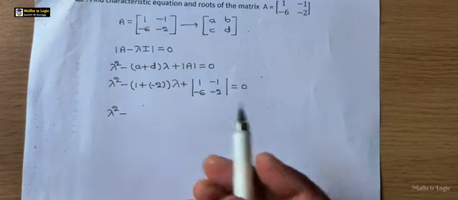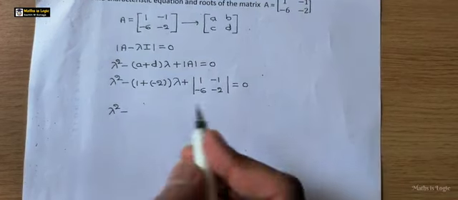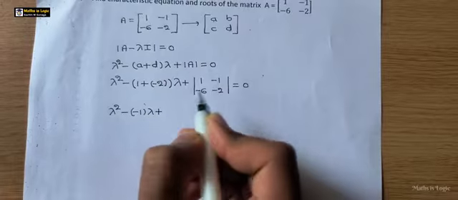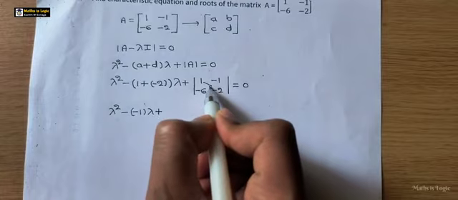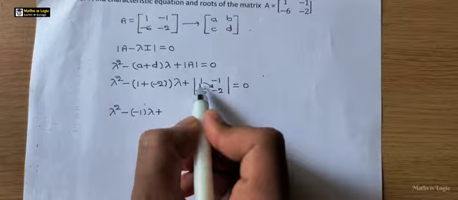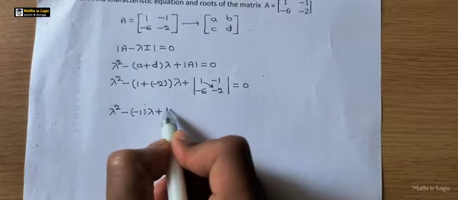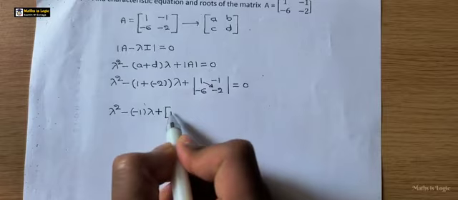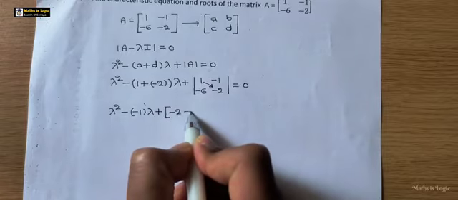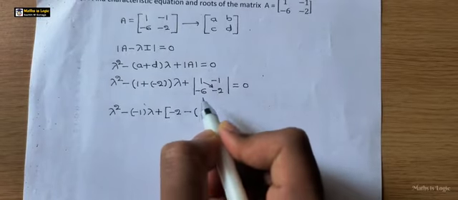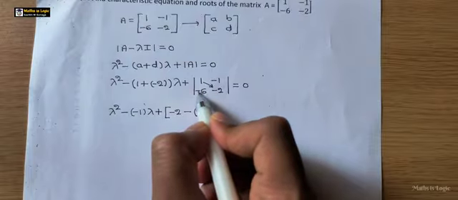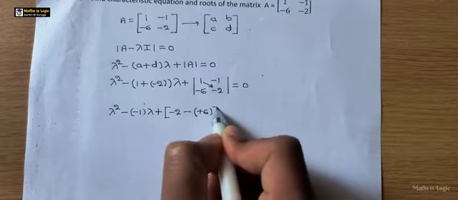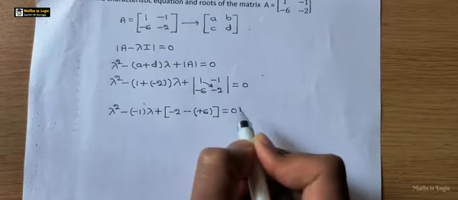So in bracket minus 1 into lambda plus, apply the second order rule, cross multiplication, middle negative sign, multiply this arrow mark first. Again in bracket 1 into minus 2 is minus 2, middle always negative sign. Again in bracket minus 6 into minus 1 is plus 6 is equals to 0.